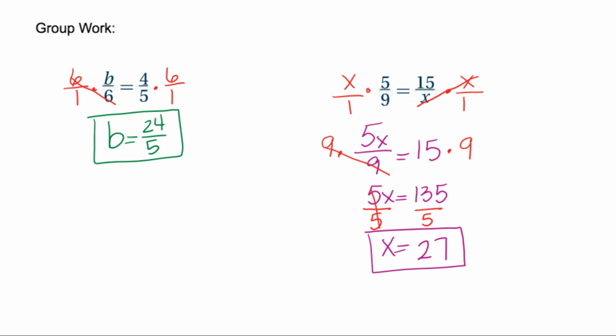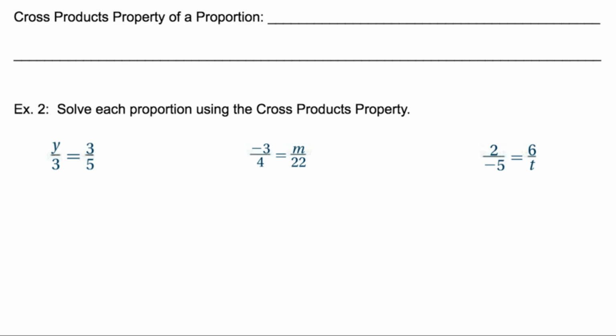So now, let's look at the other method for solving proportions. The other method that we have is the cross products property of a proportion. Cross products multiply diagonally across the equal sign.